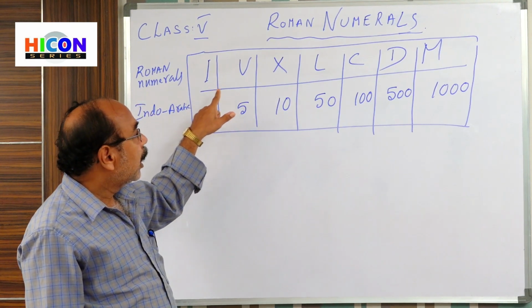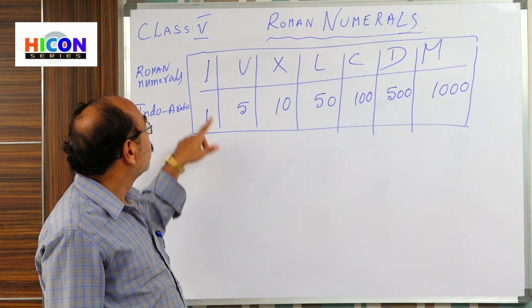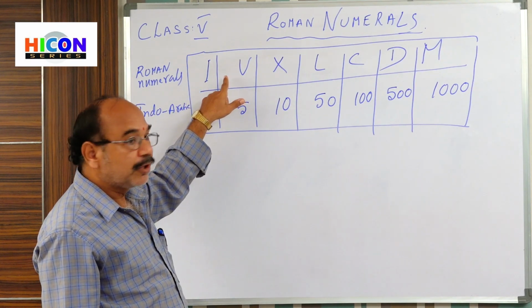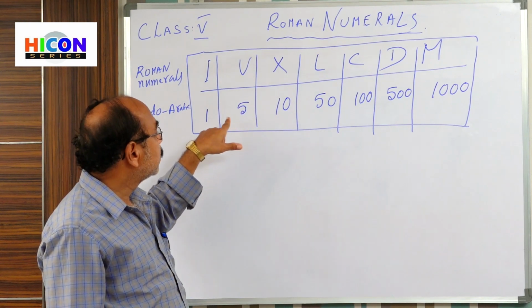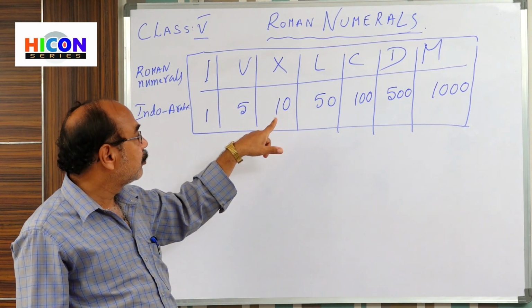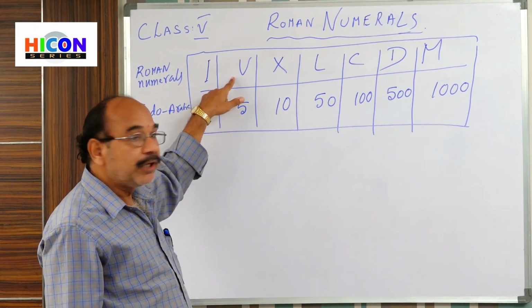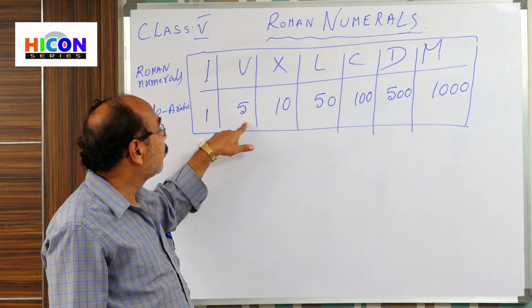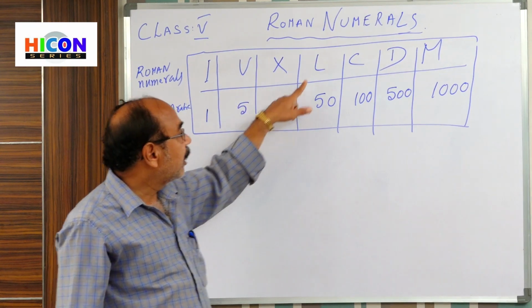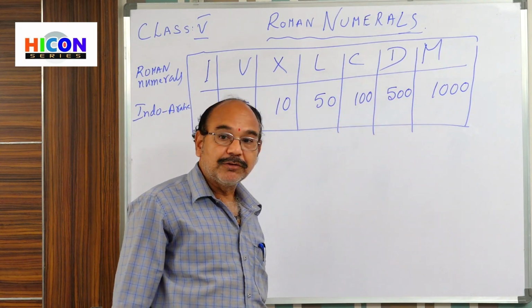Here, I have prepared a table. In this table, the first row represents the Roman numerals, the second one the corresponding Indo-Arabic numerals. I for 1, V for 5, X for 10, L for 50, C for 100, D for 500, M for 1000.